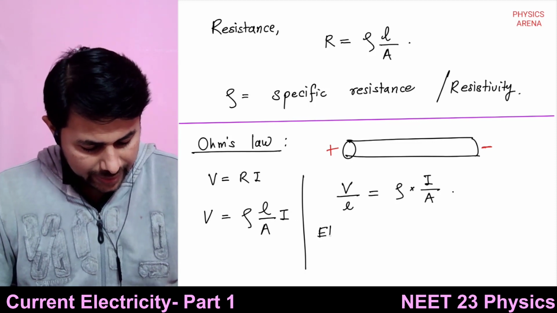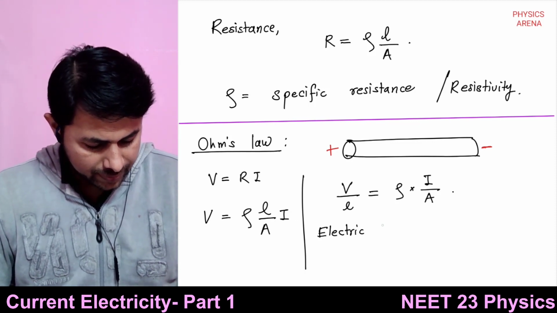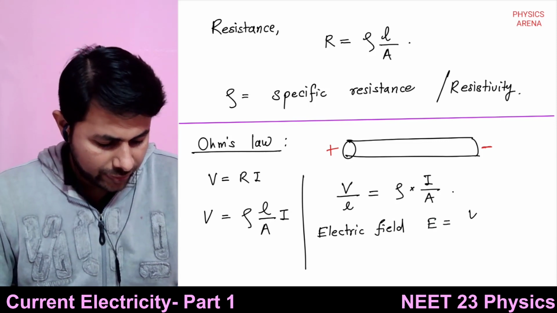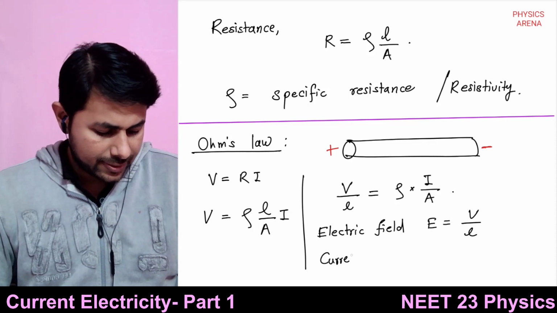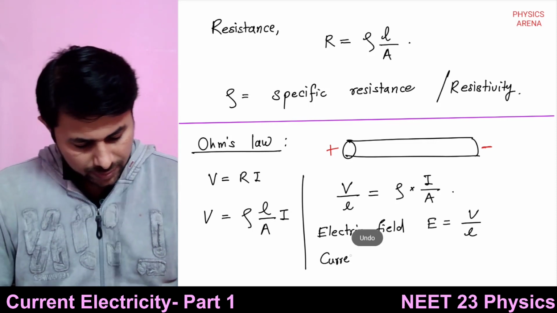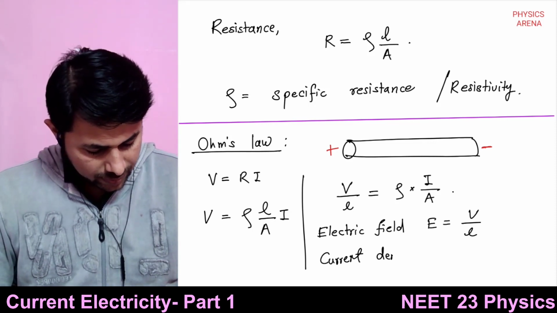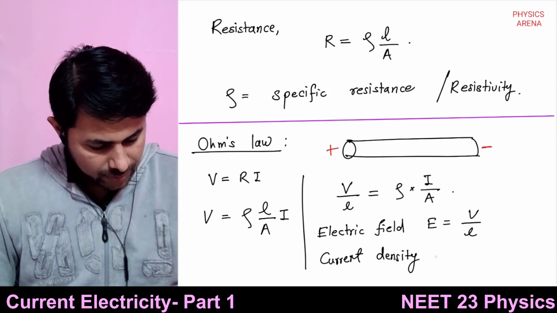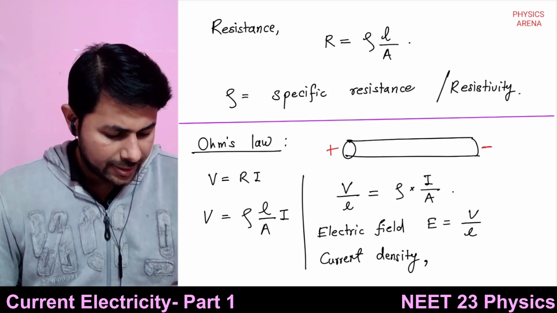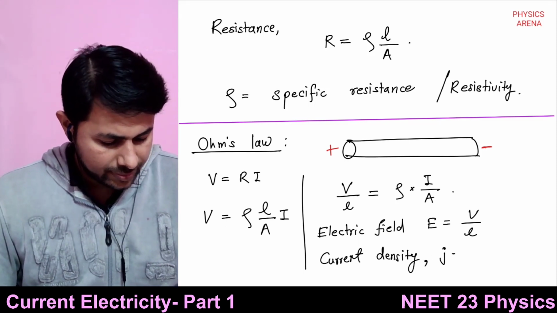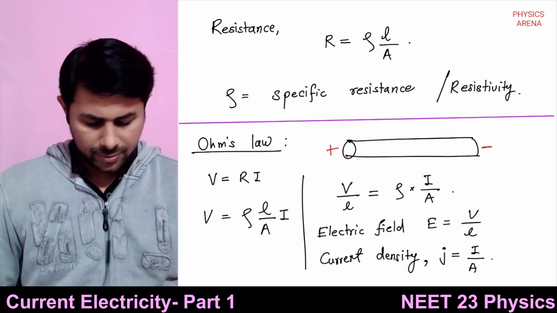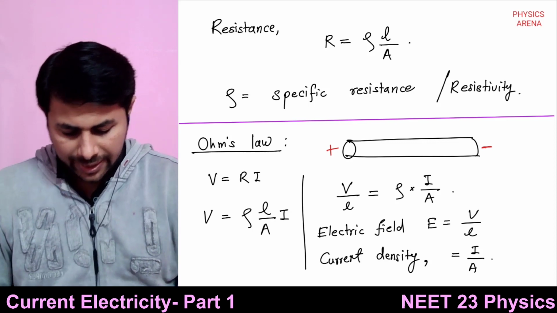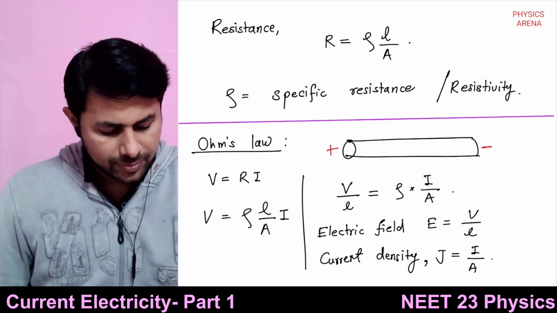Okay, where electric field E is equal to V upon L, and we have current density. We define current density J as I upon A, denoted by capital J or small j.